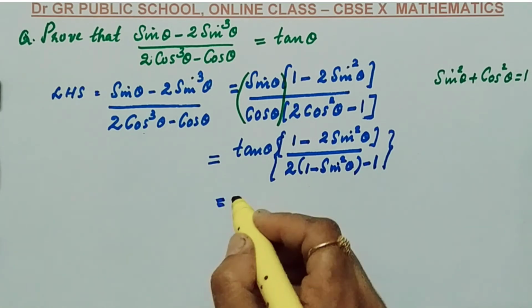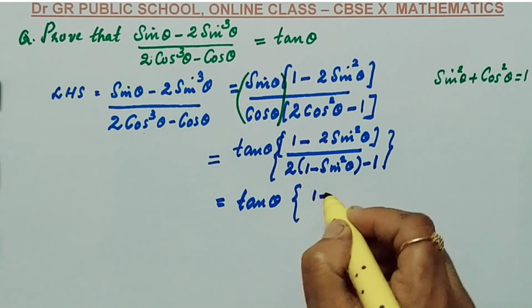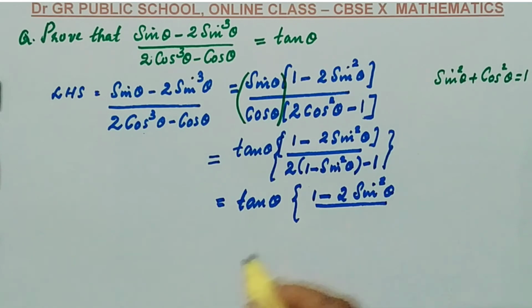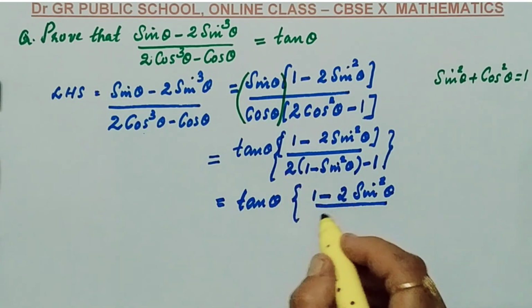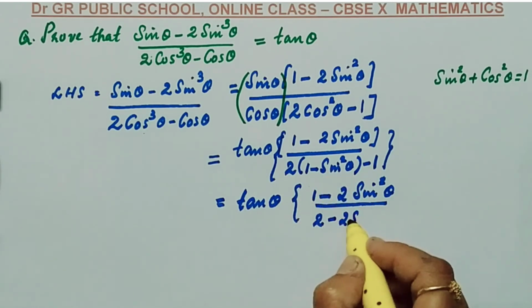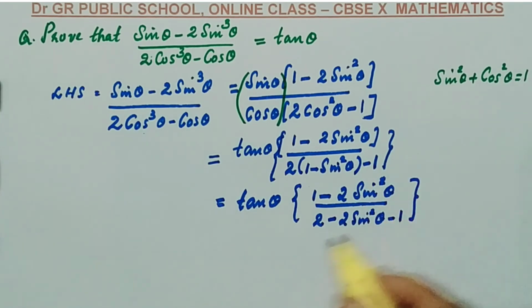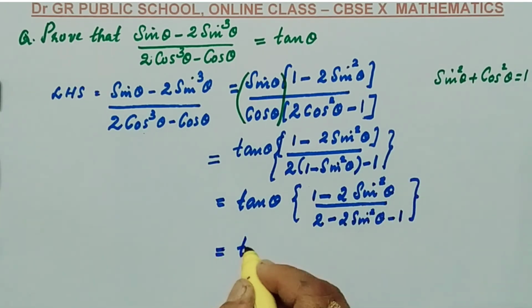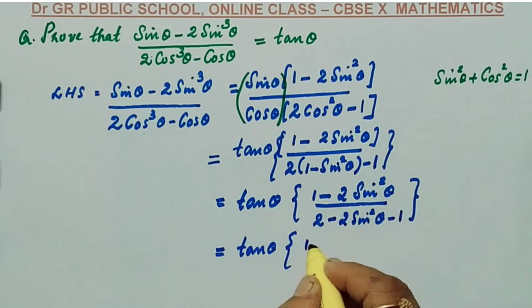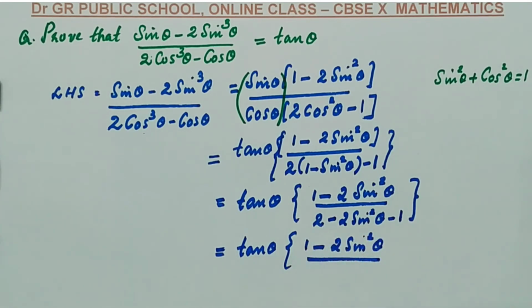Okay, we can simplify. Now tan theta remains outside. The numerator no change, 1 minus 2 sin square theta by. Denominator I am going to simplify. 2 into 1, 2. 2 into minus sin square theta, minus 2 sin square theta. Now a minus 1 remains there. Equals tan theta into, check whether you can cancel these two bracket sets, 1 minus 2 sin square theta by, what is 2 minus 1?